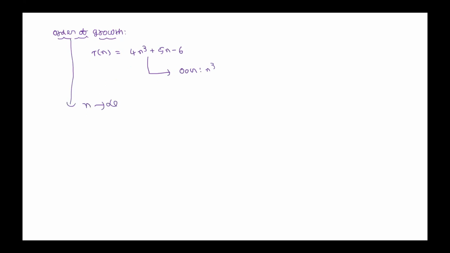That means we are analyzing the algorithm, predicting the amount of time required, but with a restriction: n tends to infinity. What does it mean?